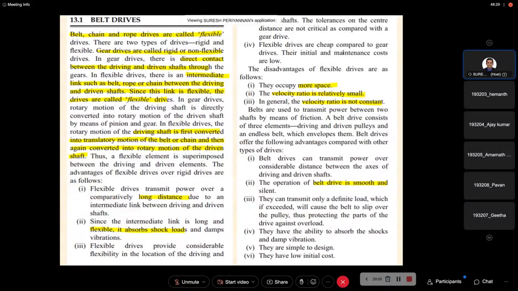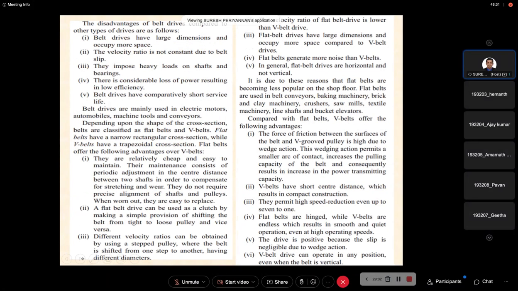Some more disadvantages: it occupies large space, the velocity ratio is not constant, heavy loads cause shock, and there is a considerable loss of power. The efficiency is low due to loss of power in the belt drive mechanism.